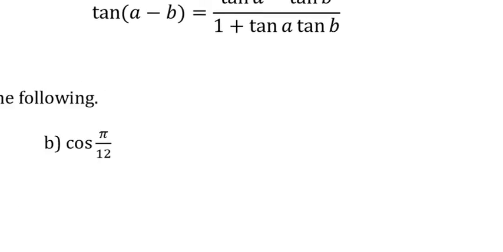We'll do this off to the side here. If I have A plus B equals C, or if I have A minus B equals C, how do I figure out two things that add or subtract to pi over 12? First of all, I would think of it as 1 over 12. We don't need to worry about the pi.